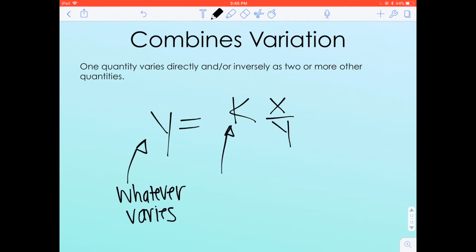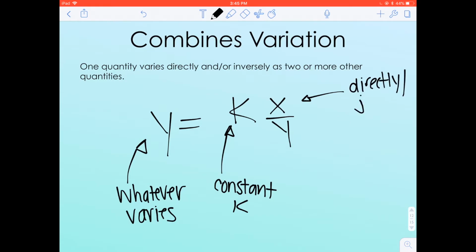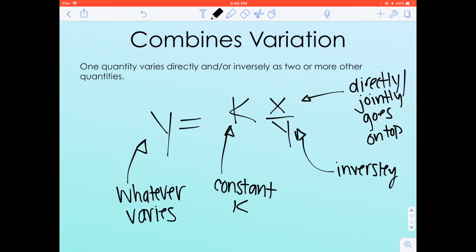We're always going to have a constant. And then if it's directly or jointly, it goes on top. And if it's inversely, it goes on the bottom. I think I spelled inversely wrong, but that's okay.